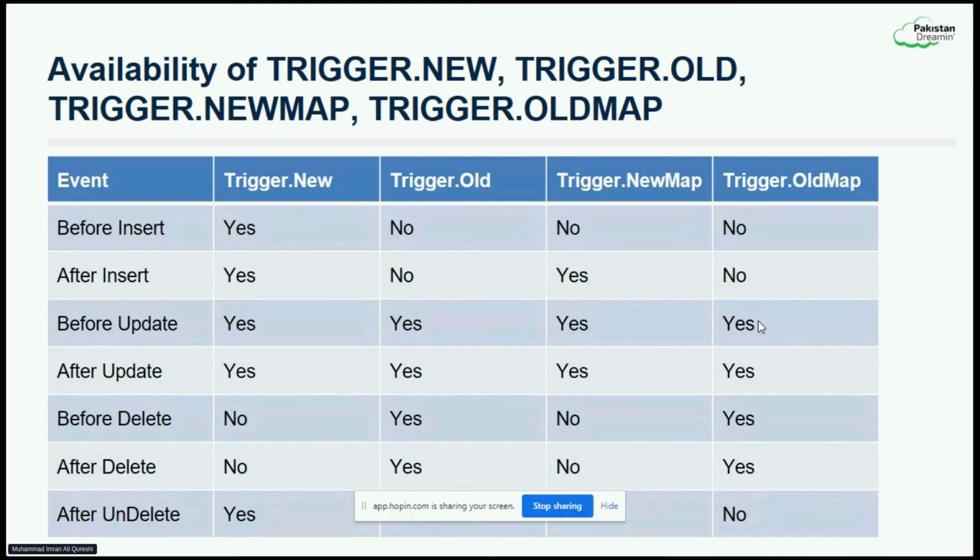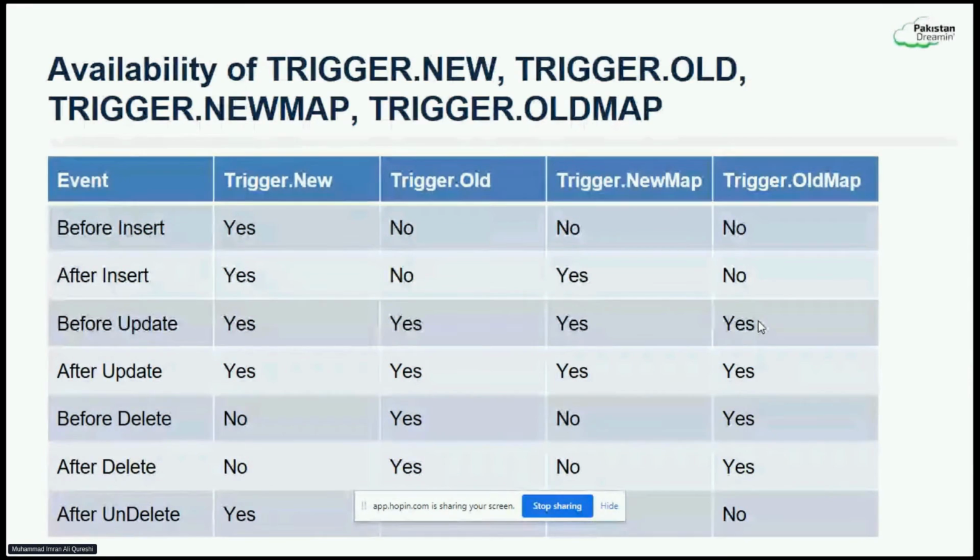In before update and in after update, we have all four context variables: new, old, new map, old map. And in new and new map, we have the new version of the subject record, and in old and old map, we have the old version of the subject record. In before delete, we just have the old and old map context variables.